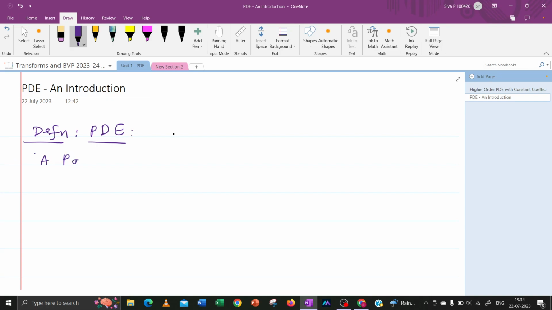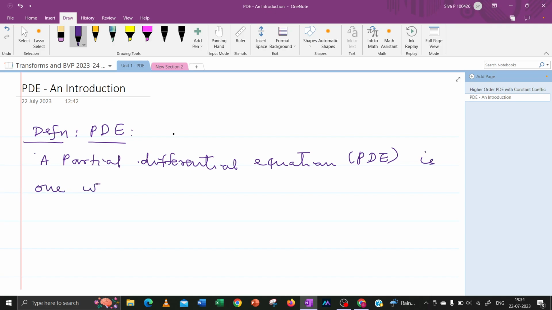A partial differential equation, that is simply PDE, is one which involves partial derivatives.